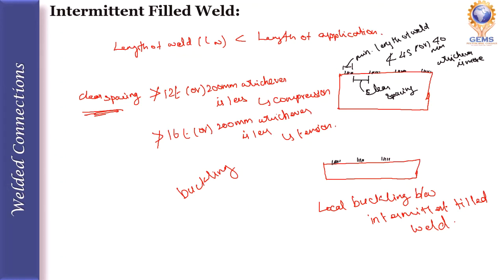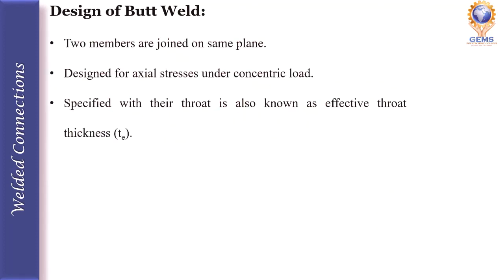So this is the design procedure, or the specification, of the fillet weld. Next we see the design of butt weld or groove weld. This butt weld or groove weld is adopted when two members are joined on the same plane.